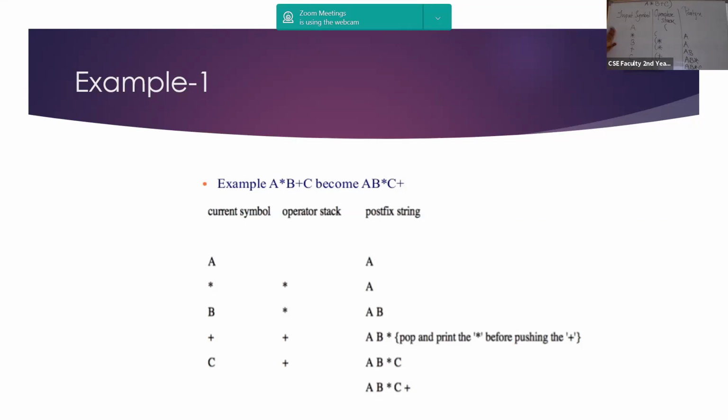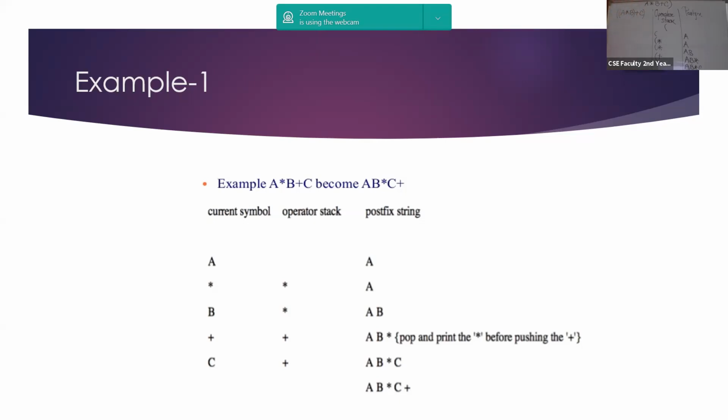Okay, now this we have done using stack. Now let us see if we can do it without using stack. That means directly. Is it possible or not? Let us see. So I'm just taking this one, A into B plus C. Now we know that multiplication has higher priority. So this one should be done first, then this one.